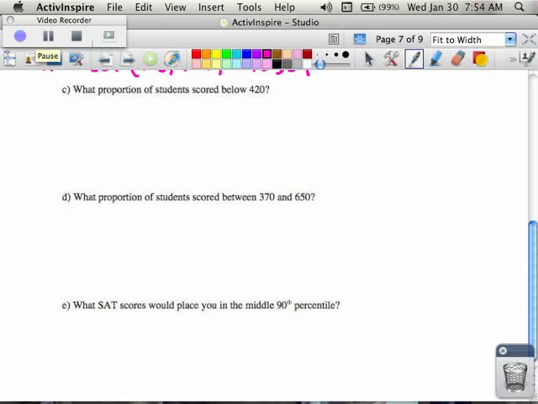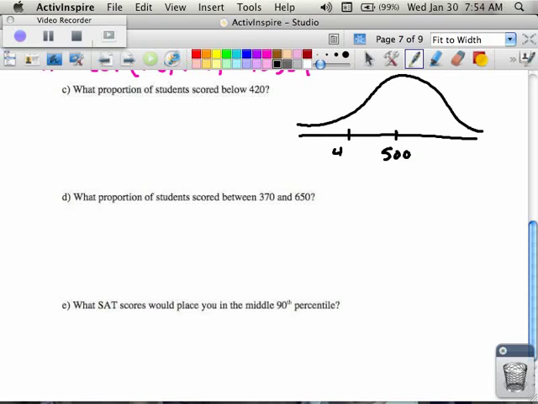Okay, in this second part, unlike the first one, this is going to be a below kind of problem. If I drew my picture of what was happening, this time instead of writing down the z-score, I'm going to write down the actual scores, and you can do either one. I'm looking for all of my scores that are less than 420.